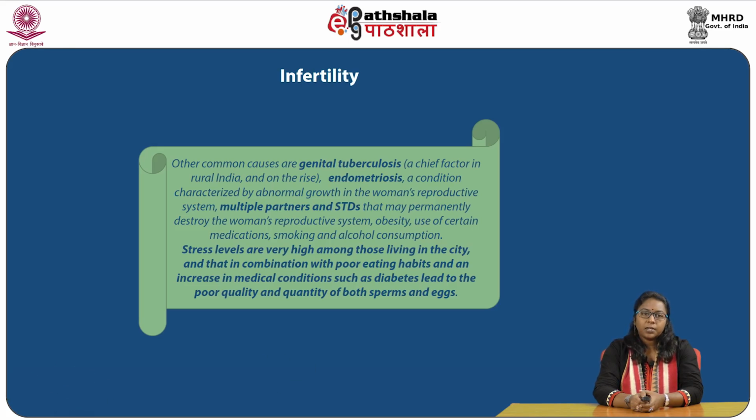Stress levels are very high among those living in the city, and that in combination with poor eating habits and an increase in medical conditions such as diabetes lead to poor quality and quantity of both sperms and eggs.